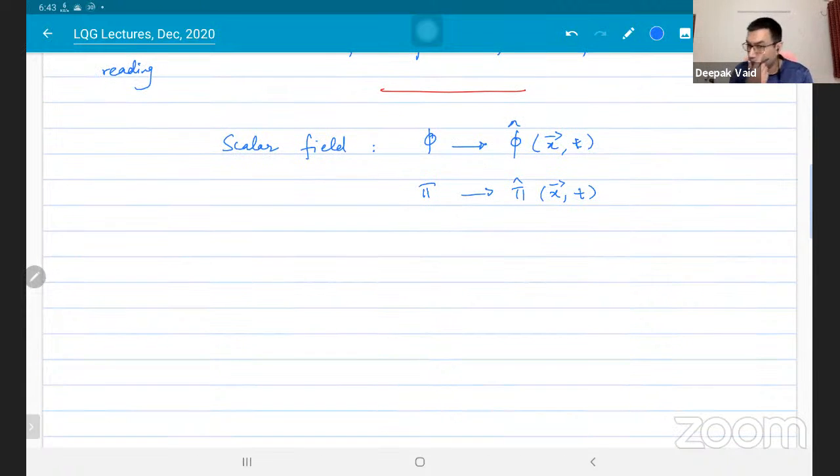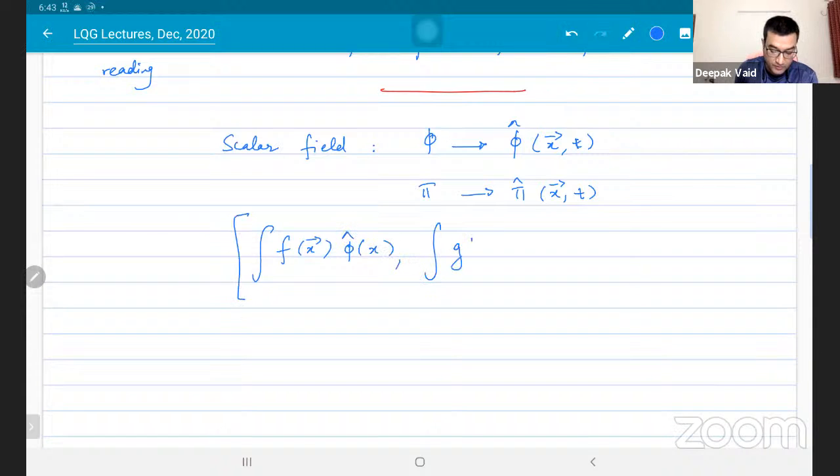And then what you do is you say that, well, if I want to write down commutators of these fields, I smear them with some functions on my background manifold, and then I do something like this, prime, so on, and then this gives me a delta function.